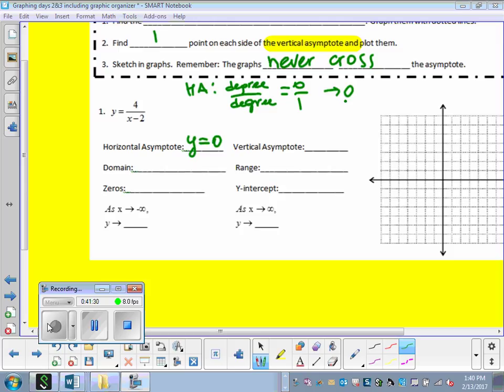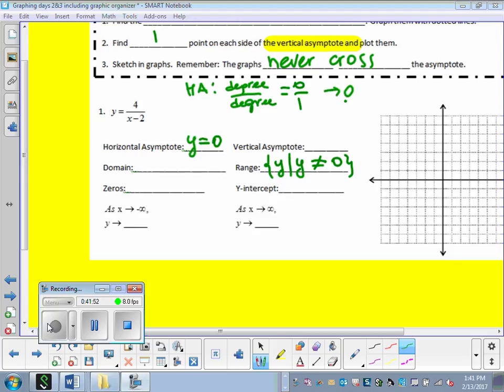Next, from horizontal asymptote, I can easily find the range, right? So what is the range? Look at the graphic organizer. The range, all values except horizontal asymptote value. So what I could put is all y's such that y not equal what? 0.